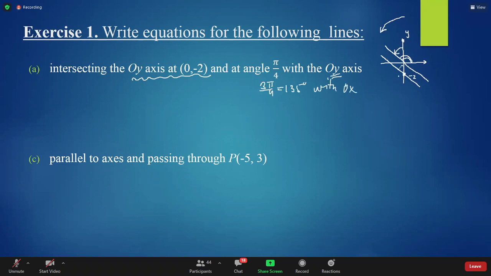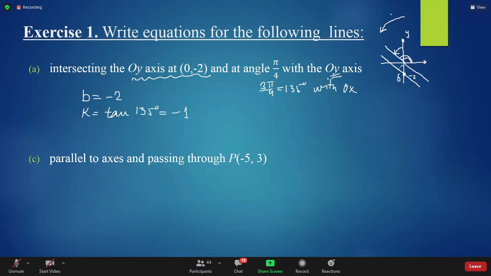And that means the intersection point, B, the value B is minus 2, that's the y-intercept. And to get the K value, the slope, we have to understand that this is the tangent of the angle 135, and that's minus 1.